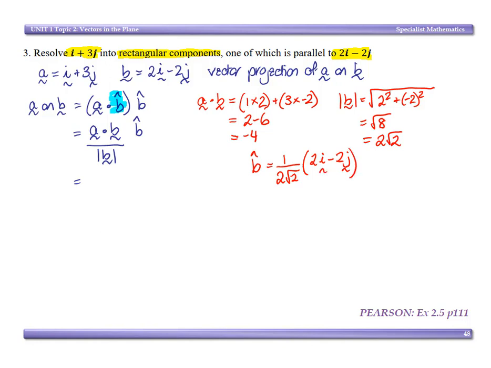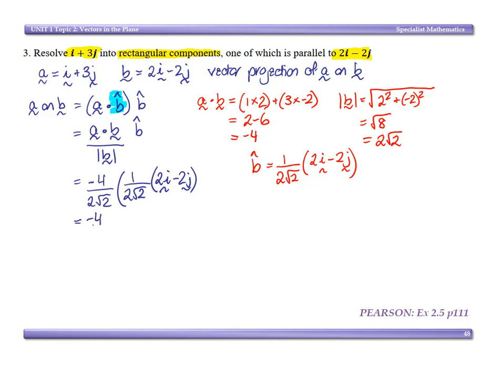Come back and plug everything in. So we've got negative 4 over 2 root 2, all outside of 1 over 2 root 2, times 2i minus 2j. That becomes 2 root 2 times 2 root 2 is 8.